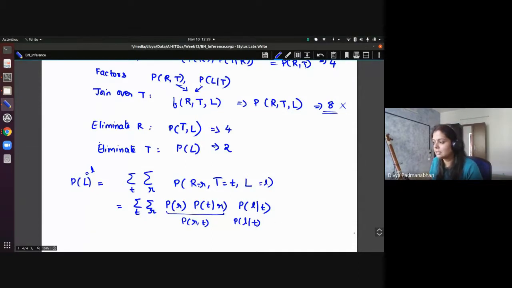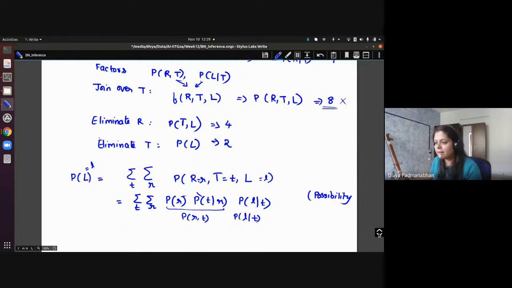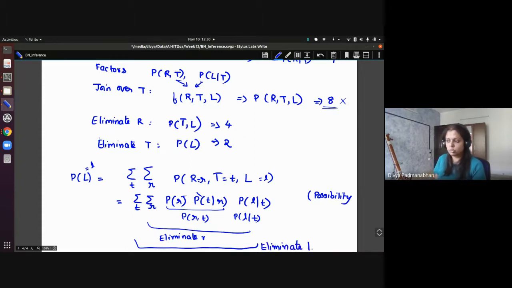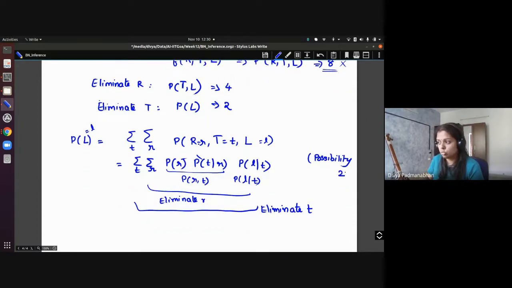We did a join of these two tables, then a join of the resulting table with L given T, and then finally these two summations. So this was an eliminate R, and then an eliminate T. It was not very efficient, because we didn't make use of any structure. So that was possibility 2.